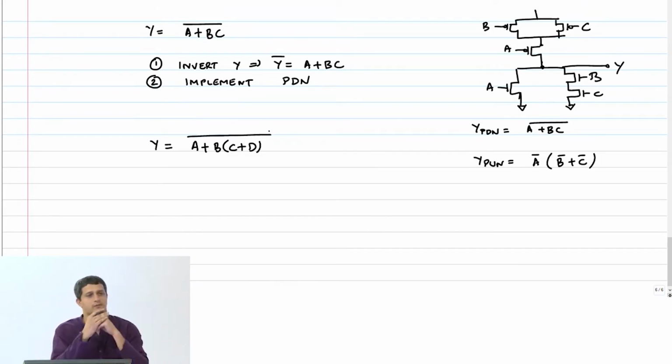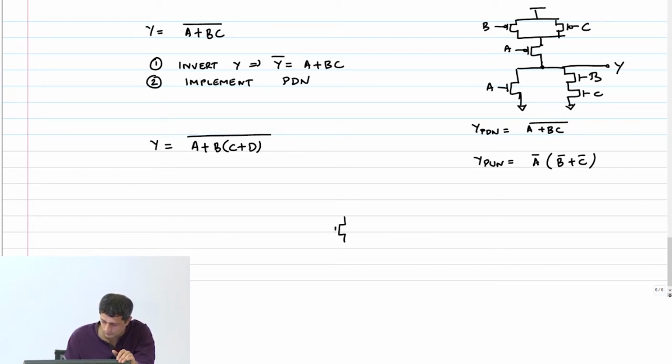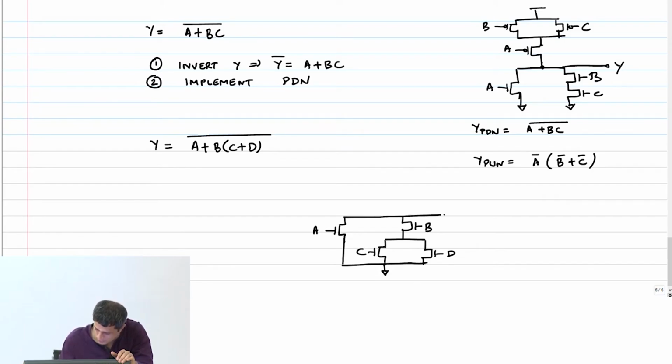Can you implement this? Is this the pull down network?